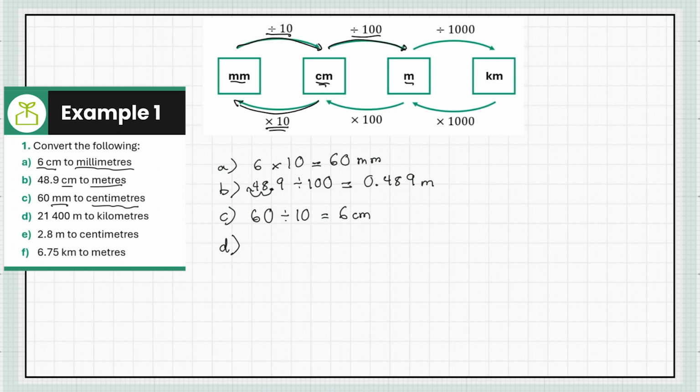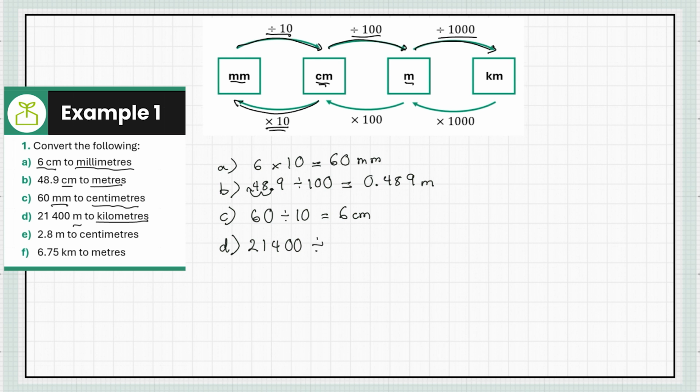For D, we have 21,400 meters. We don't write them M, and what we need to do is convert it from meters to kilometers. And to go from meters to kilometers, we have to follow this arrow here, which says to divide by 1,000, because there's 1,000 meters in every single kilometer.